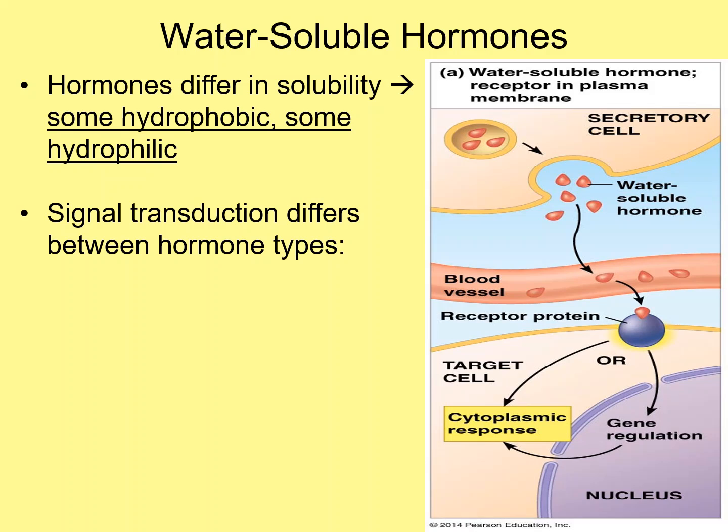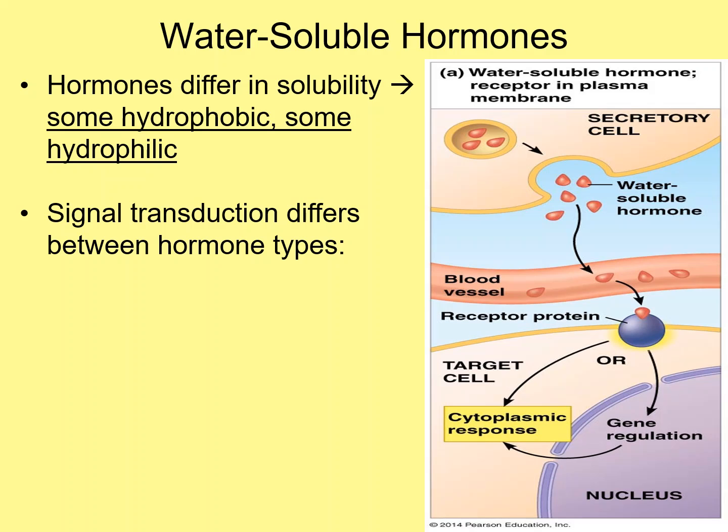As the name implies, water-soluble hormones dissolve easily in water, right? And why might that be? Yes, so they're going to be hydrophilic, right? Because they are often proteins, so they have surfaces that are covered with either charged or polar areas, right?